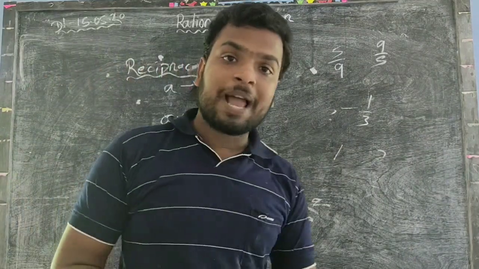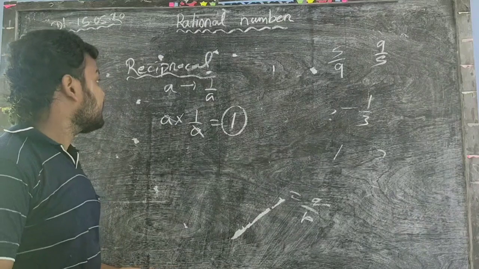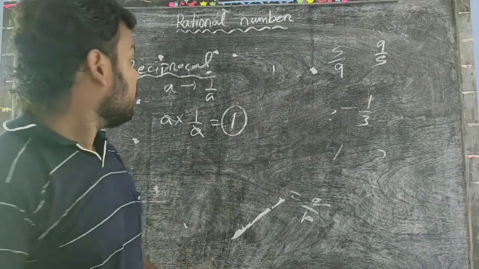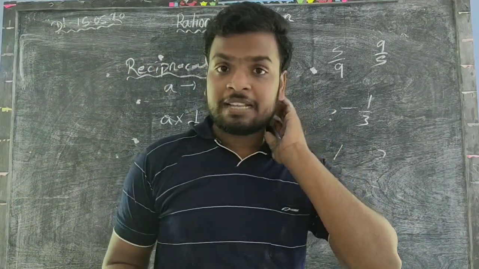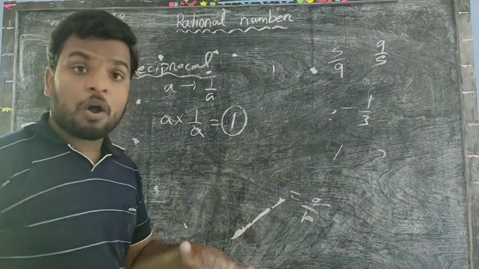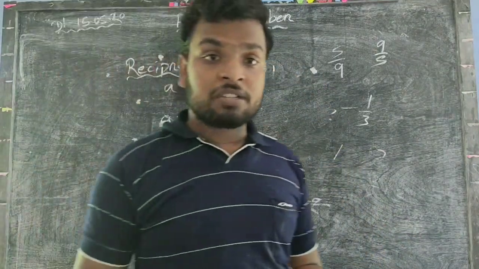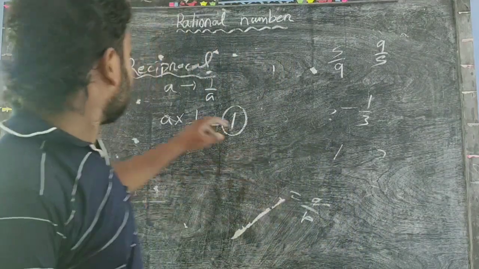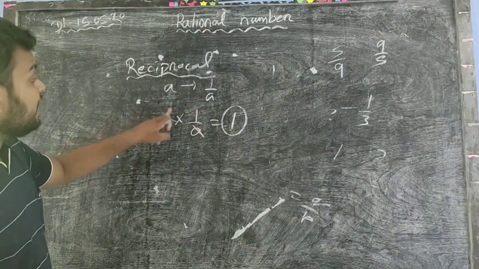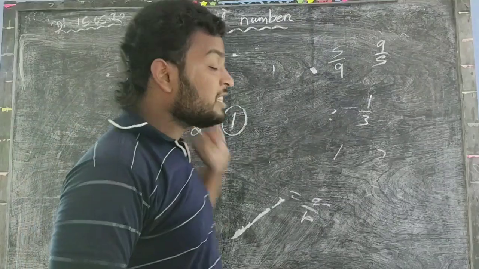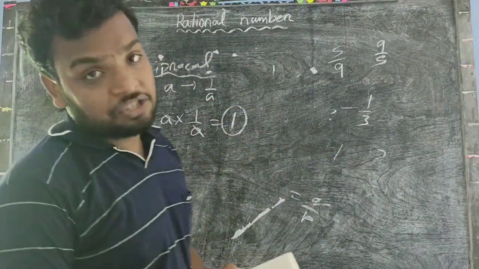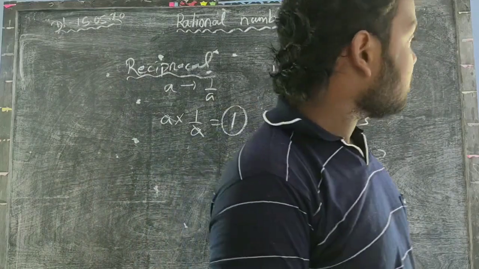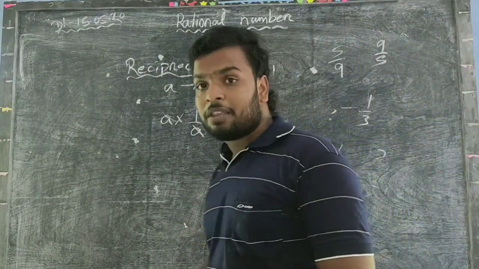In the previous session we discussed that when we add a number to its additive inverse, we get 0. Here, when we multiply a number by its reciprocal or multiplicative inverse, we get 1 as a result. So this is all about the reciprocal of a number.